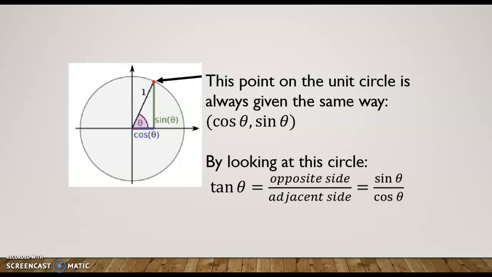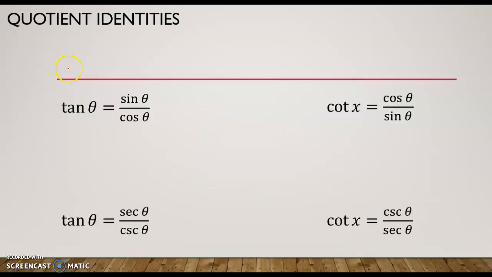That is one of the quotient identities. The cotangent, being 1 over tangent, means it would flip: cosine over sine. You can also do some maneuvering, or you can just list them. Tangent equals secant over cosecant, and cotangent is cosecant over secant.